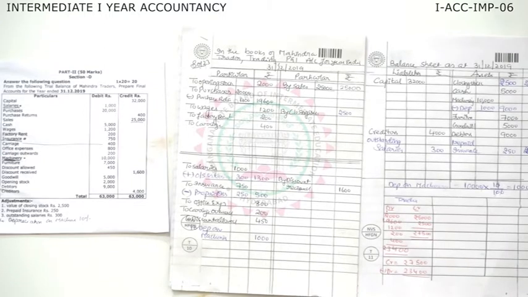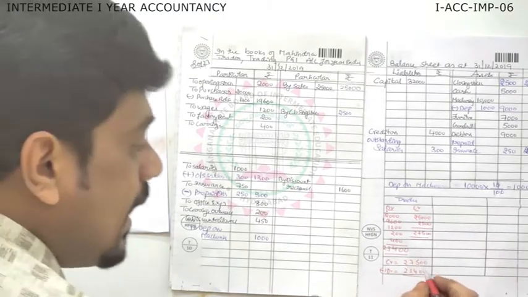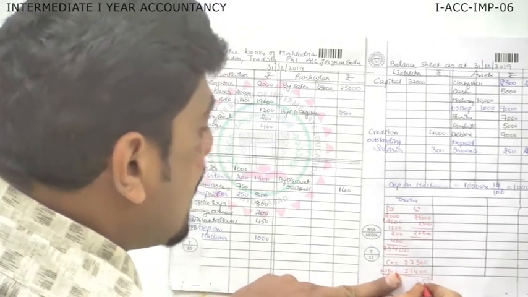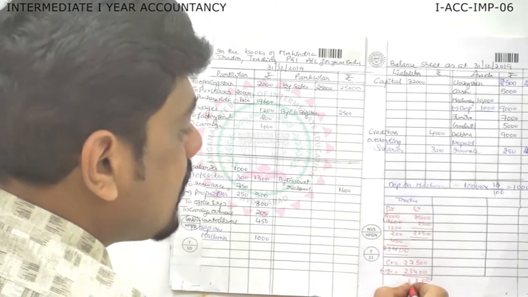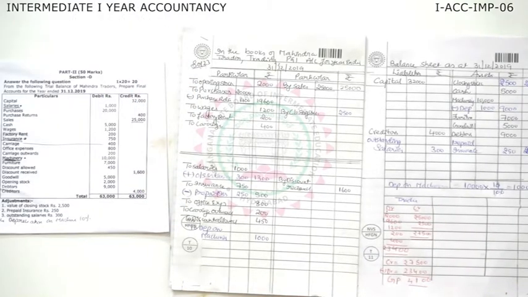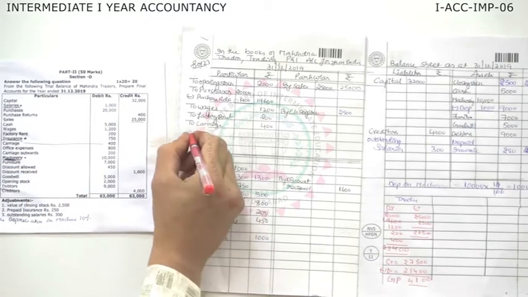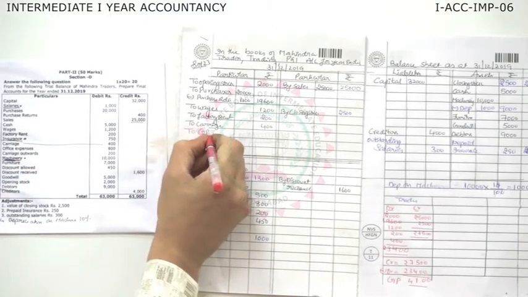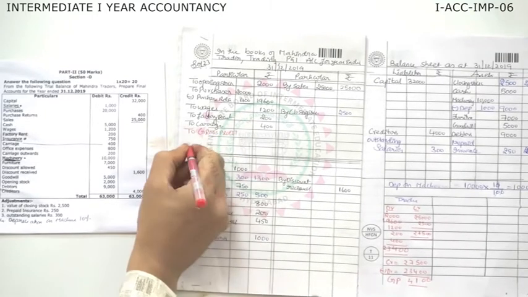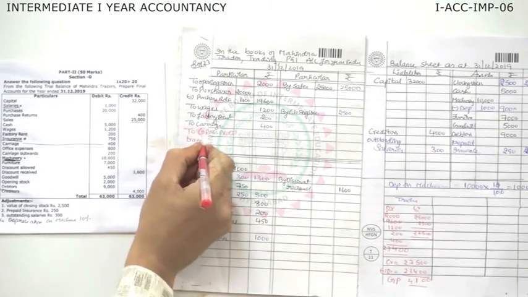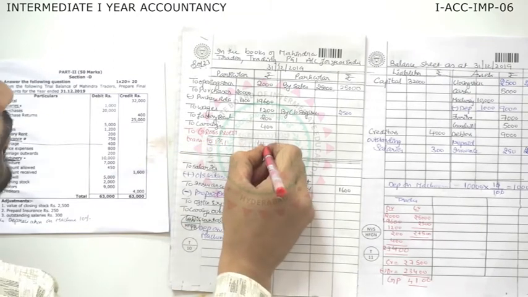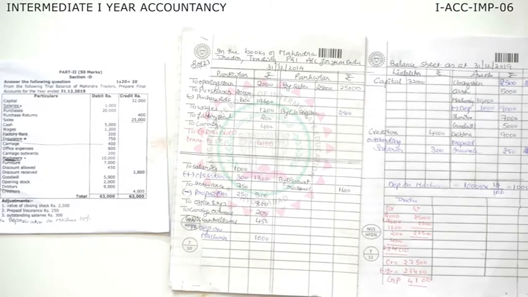You are not supposed to use red pen in the exam. So 0, 0. 5 minus 4, 1. 7 minus 3, 4. This is gross profit. We got gross profit. We go to trading account, debit side, and write here to gross profit. Next line, write transferred to profit and loss and write the amount 4,100.